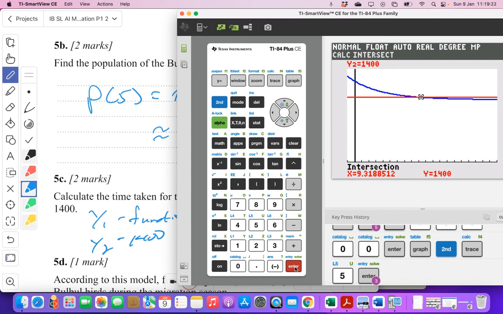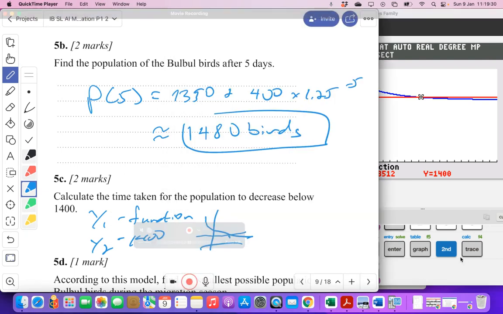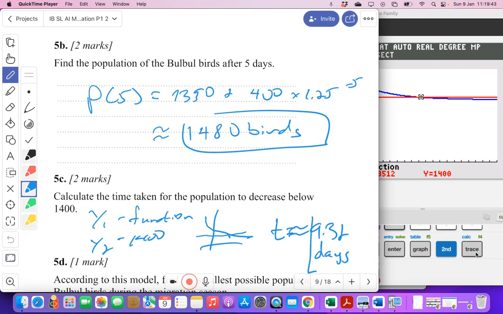So I get 9.32 days for T, approximately. Because they're leaving all the time, I'm not going to round this to an integer or whole number.